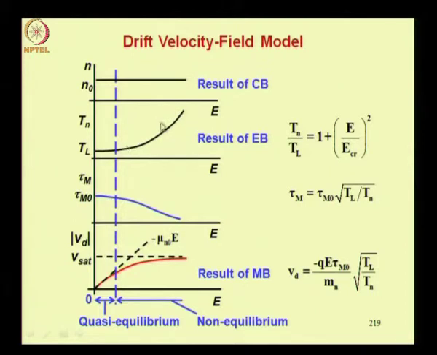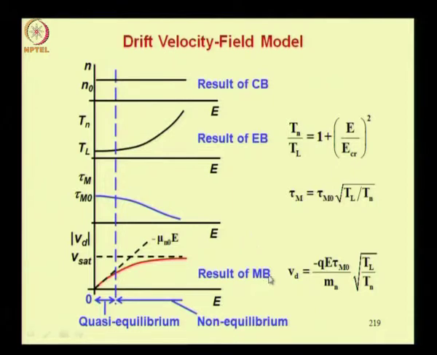So this is the graph representing the result of energy balance, which is Tn by TL equal to 1 plus E by E critical square. The result of carrier balance is n remains equal to n naught. Now this shape of tau m as a function of electric field is obtained from the quantum mechanical relation tau m equal to tau m0 into square root of TL by Tn, where the Tn is expressed in terms of electric field from our energy balance equation.